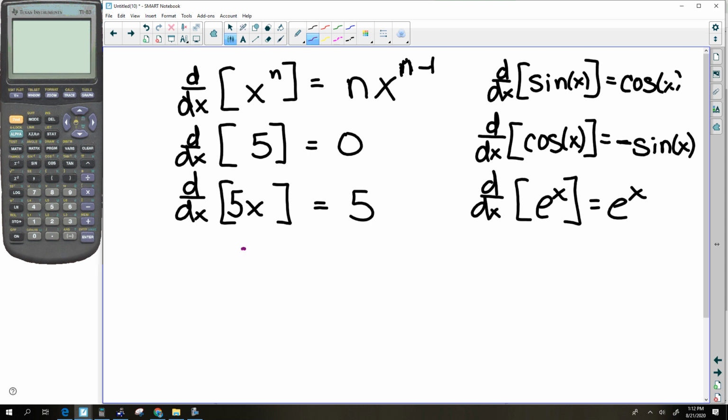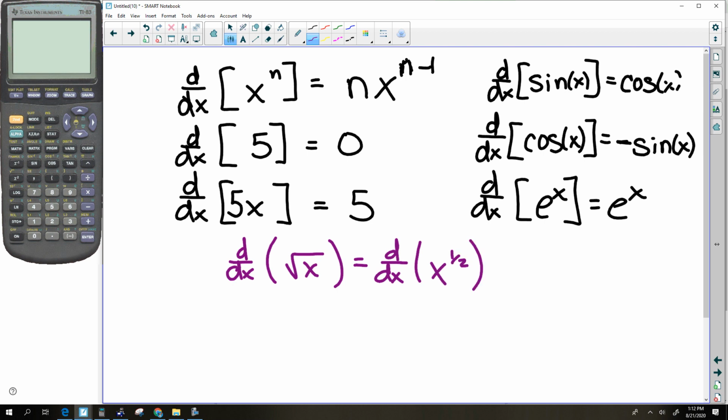People oftentimes will ask, well, how do you handle square roots and stuff? What's a square root? All right. And the idea behind taking a derivative of a square root is just think of these things as exponents. If it's a denominator, it's a negative exponent.